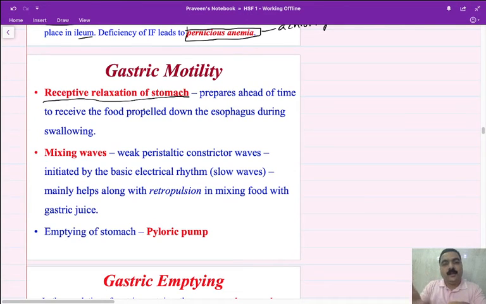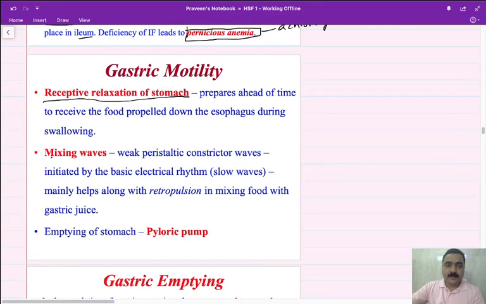The food will go back to the esophagus, and the gastric juice will also go back to the esophagus. So in order to prevent that, as the food is coming down, you get the receptive relaxation, especially in the fundus, and the food gets stored in the fundus region of the stomach. This prevents the backflow of the food and the gastric juice back into the esophagus.